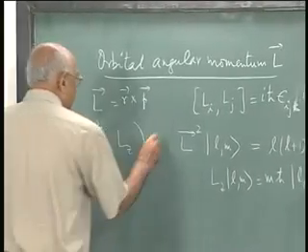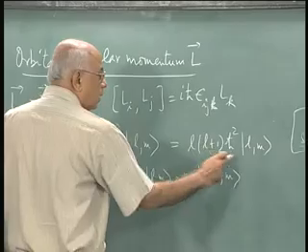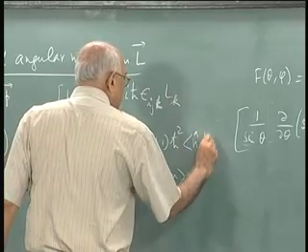Now we still don't, yeah. How do you take that, when you take the ket vector, it should be n, L squared, L comma m. So this is a number, so this becomes n L m.